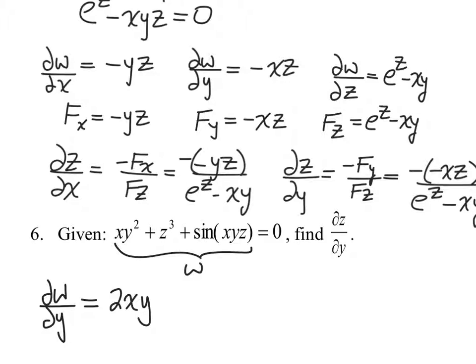The z cubed is going to go away, but then we got to deal with the trig function, but it's still not disastrous. All right, so derivative of sine is cosine, so plus cosine xyz multiplied by the derivative on the inside with respect to y, which would be just xz.